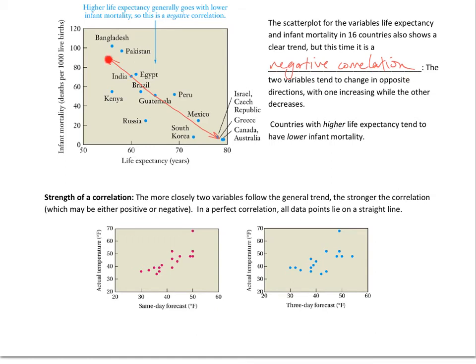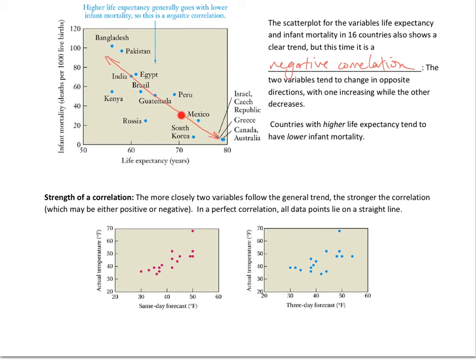But take a look. As I move this way, the infant mortality rates are decreasing. Like the infant mortality rates are going right to 0, which is nice. And the life expectancy is increasing. It's going to the right. It's getting bigger. If we travel the other direction, I guess this is the bad direction here.